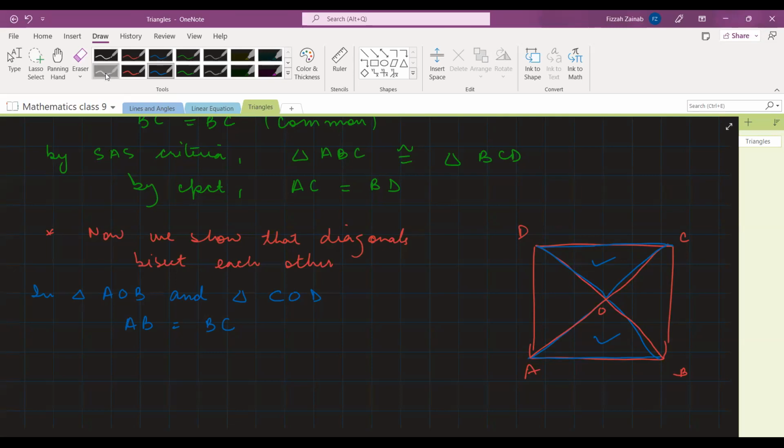Okay. Now if I name this angle, let's say this is angle 1 and this is angle 2. Do you think they are equal? Yes, ma'am. Why? Which property? How many times I told you? If you have an X, right? What are these angles called?